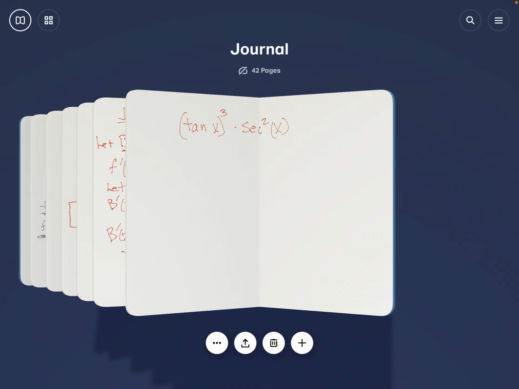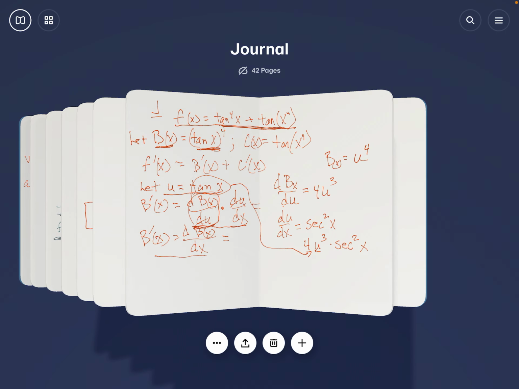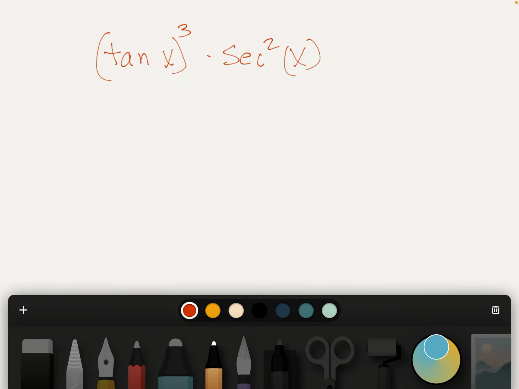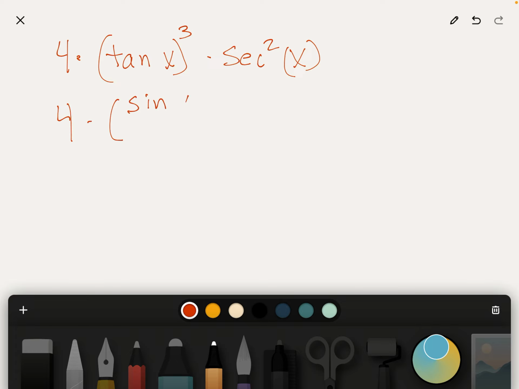Let me go back for a minute. And there's a 4 in there. Well, let's see. Tangent of x equals sine of x over cosine of x, to the third power, which we can write like that.